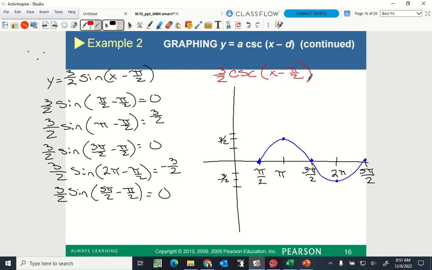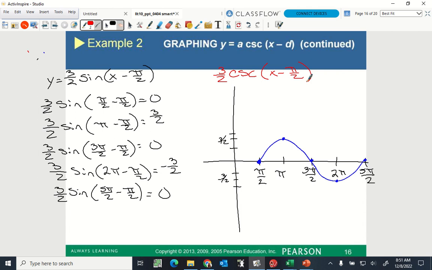If you want to feel more comfortable about this, you can plug in each one. But I told you, when it's at 0 on the x-axis, whatever your baseline is, it's going to end up having an asymptote.